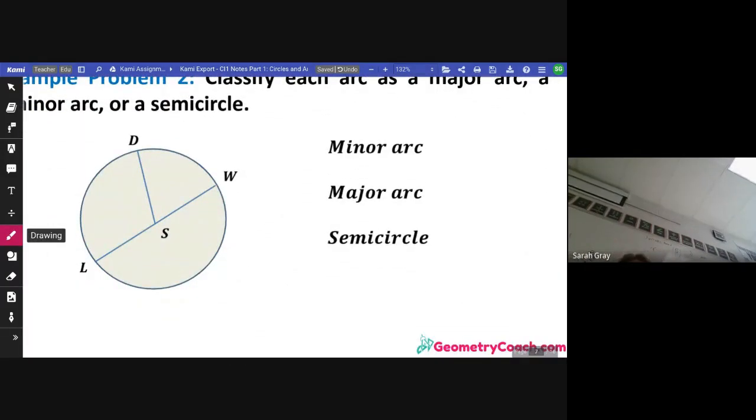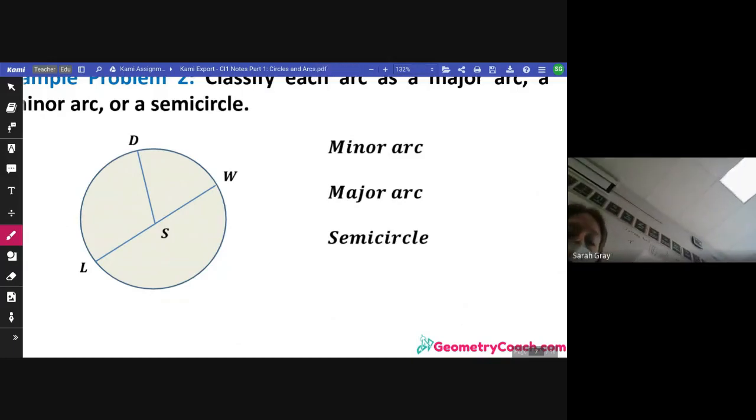All right, classify each as a major arc, a minor arc, or a semicircle. All right, start with DW. Which category does it go in? Minor. Arc DW. How about arc DWL? DWL.